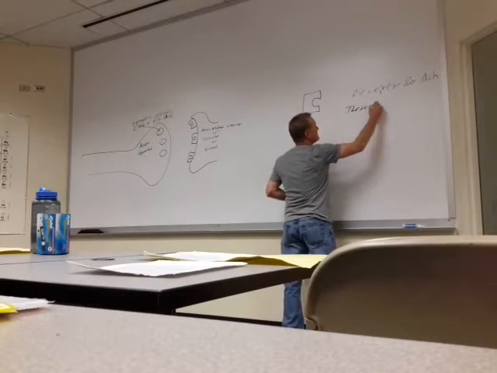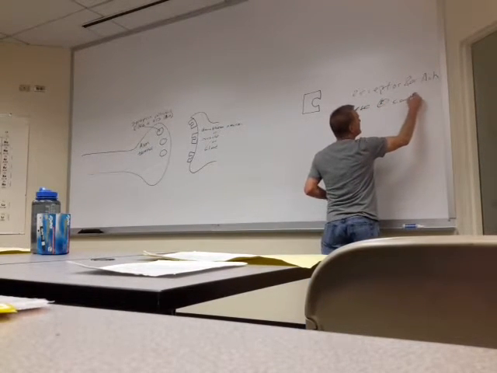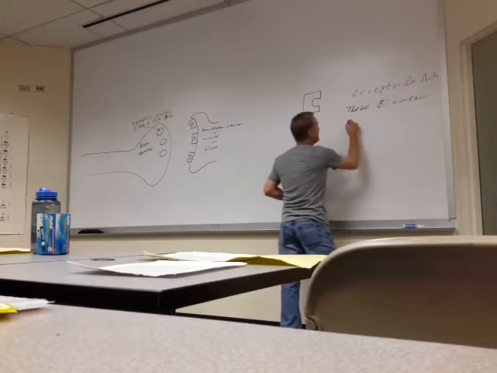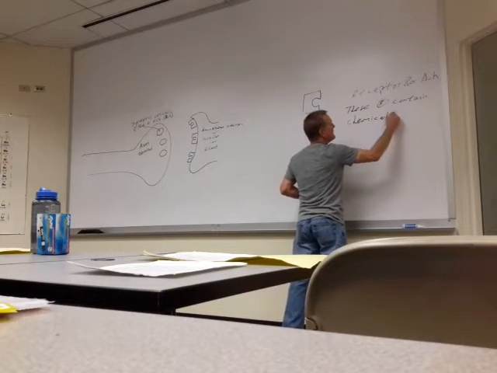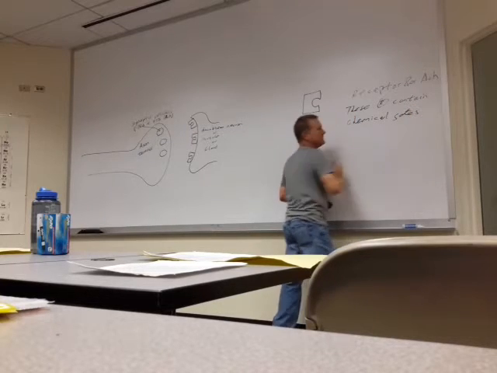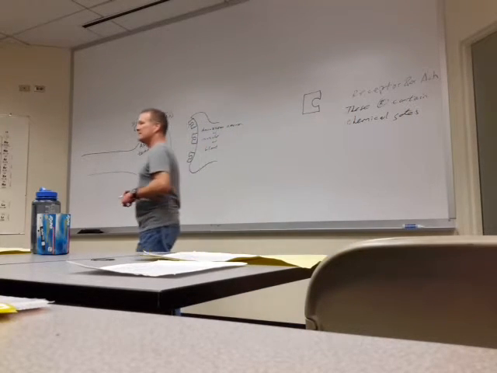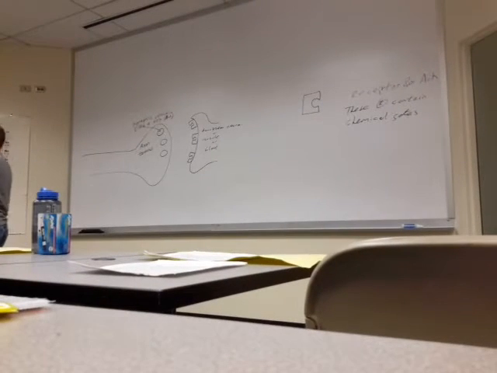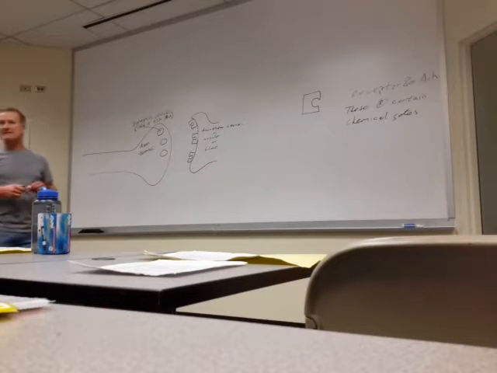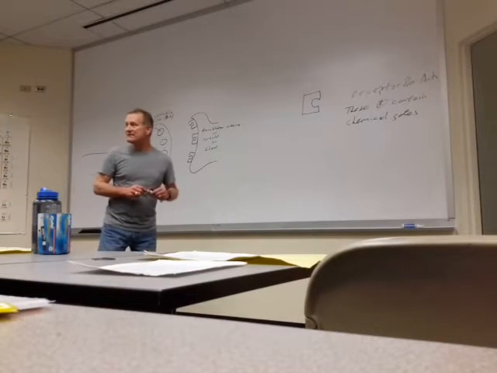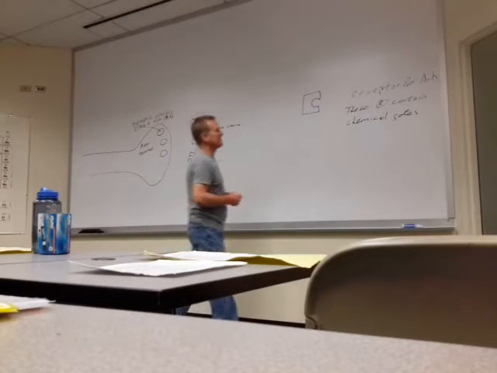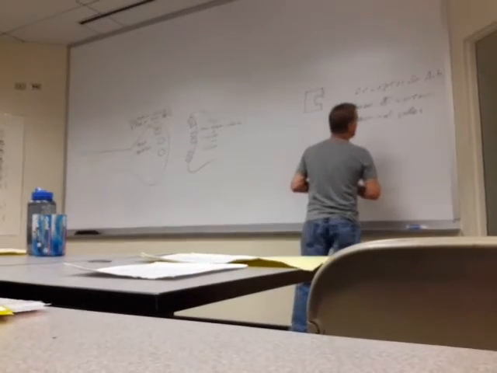These receptors contain chemical gates. Whole gate thing again. Influx of sodium is through gates, two types of gates. First type of gates are chemical gates. They don't let a lot of sodium in. They do or do not let enough in to depolarize the cell to threshold. If the cell reaches threshold, then the voltage regulated gates open.